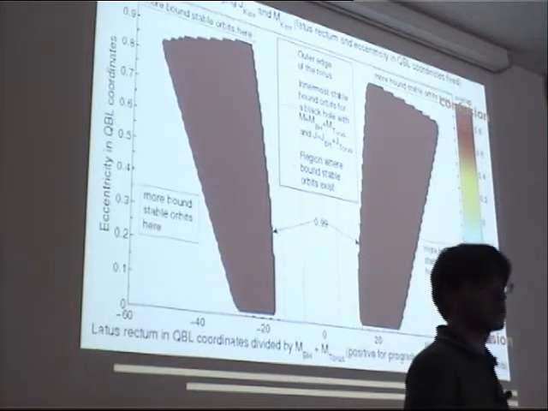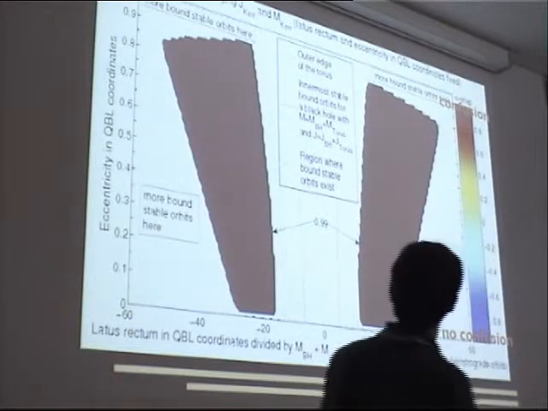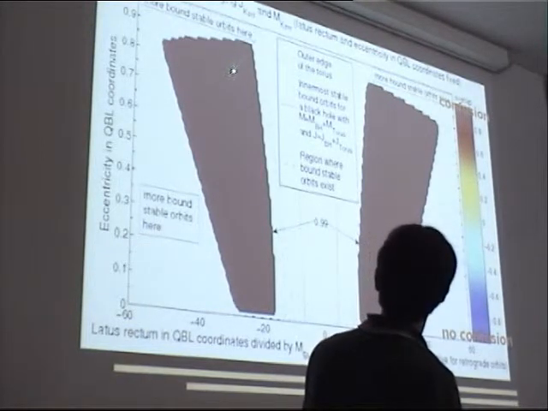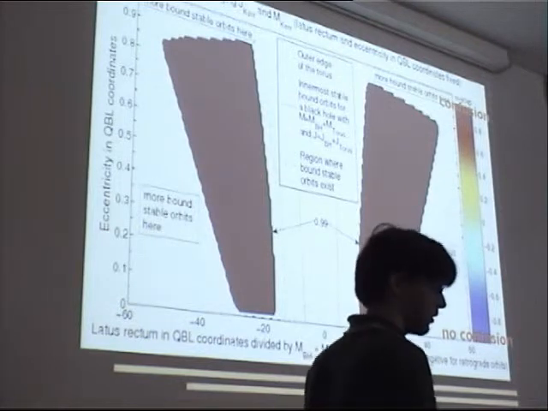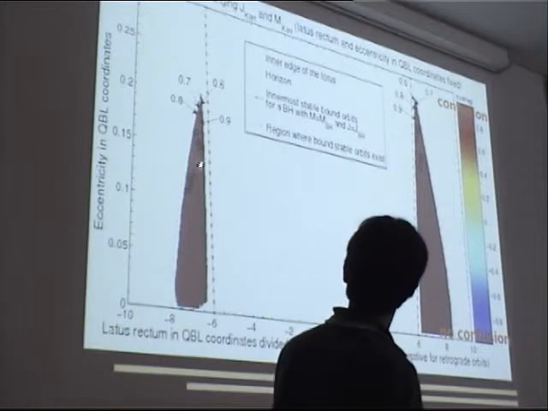So waveforms having the same frequencies and the same latus rectum and eccentricity are completely indistinguishable. And almost the same happens for internal orbits.